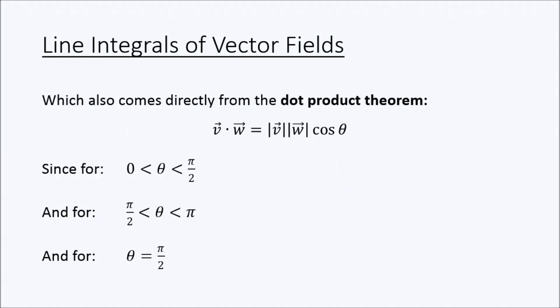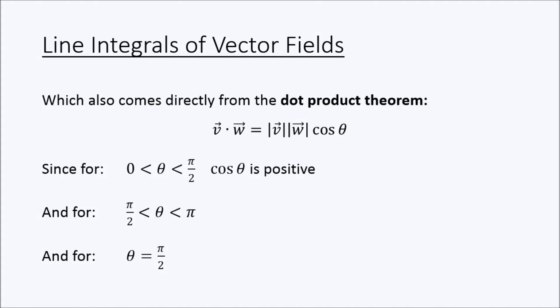Now, the nice part is you don't even really have to worry about this. When we do our calculations, it's all taken care of for us because it comes directly from our dot product theorem. Here's my dot product theorem: v dot w is the magnitude of v times the magnitude of w times cosine of theta. If the angle theta between those two vectors is between 0 and pi over 2, we know that in quadrant 1, cosine is positive.